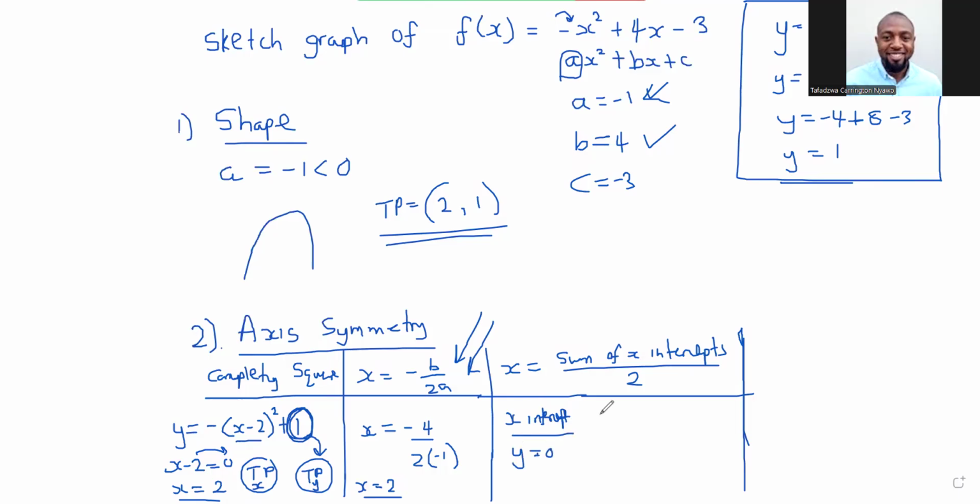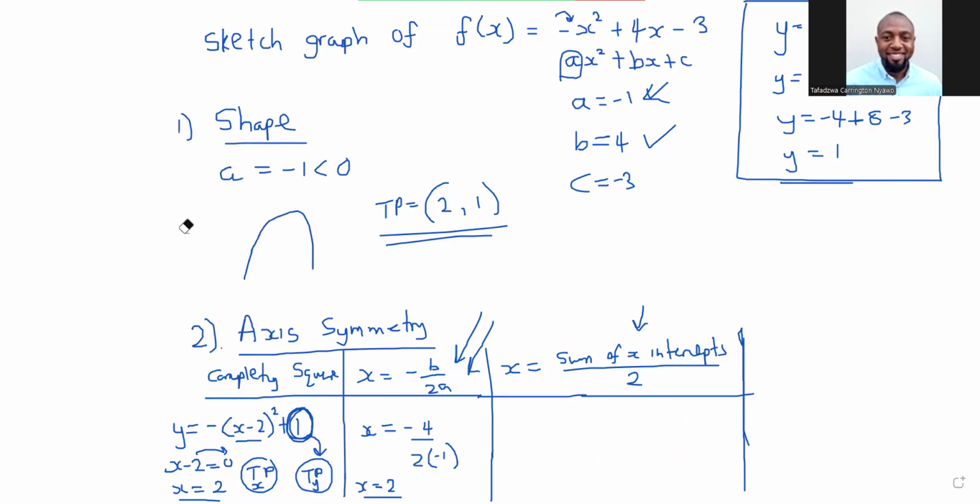And if you're finding your y-intercept, x is equal to 0. I need to find my x-intercepts because here you can see I need the sum of the two x-intercepts. So let me just erase here to create some space.